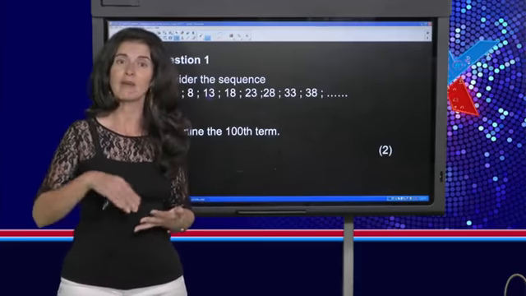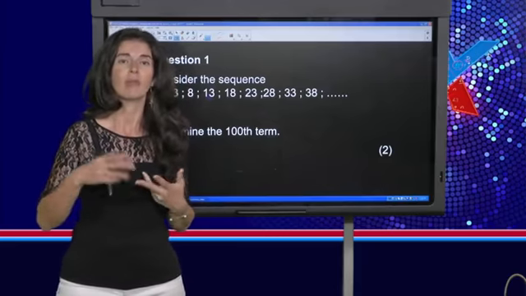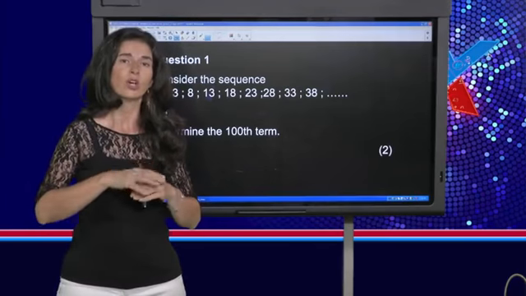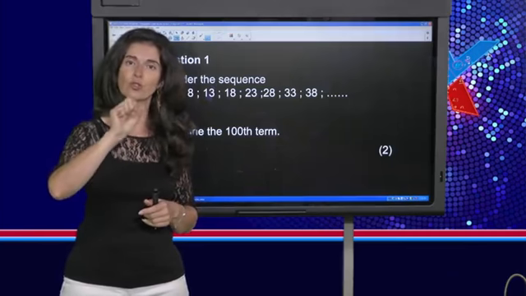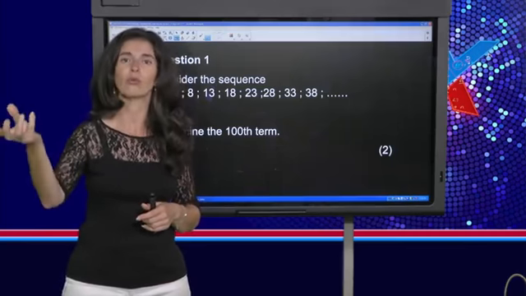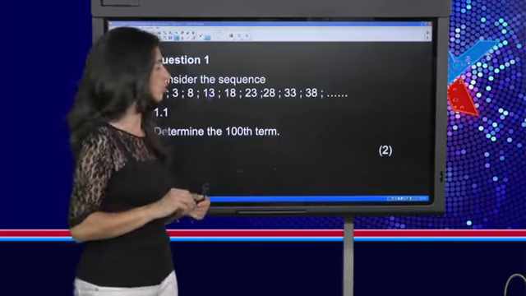Is it arithmetic? Am I adding the same thing all the time? Am I multiplying by the same thing all the time? To determine how much I'm adding all the time, I would take the difference of two terms, and to determine what I'm multiplying by, I would do the inverse: I would divide each of the two terms.